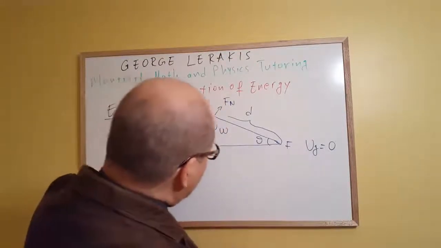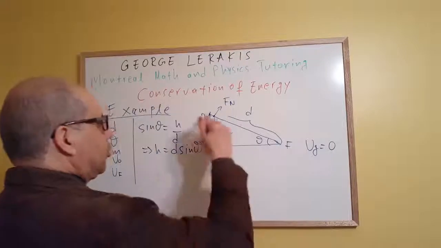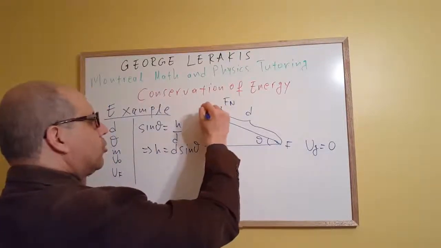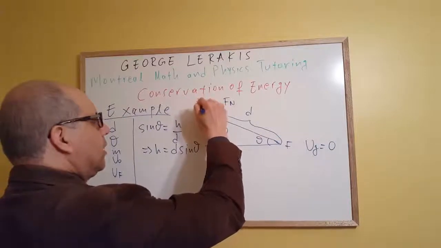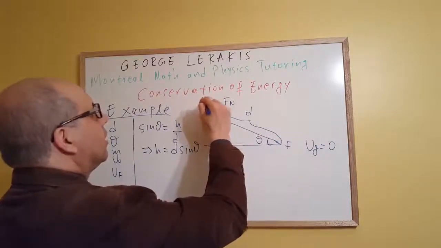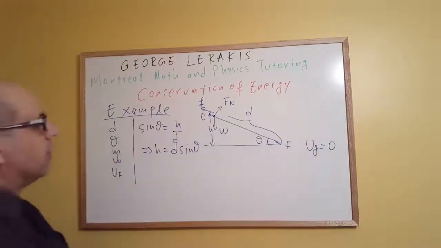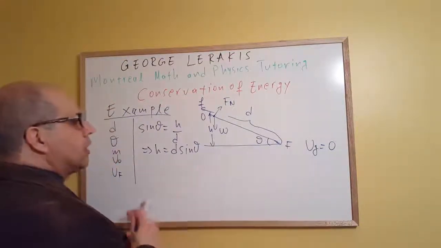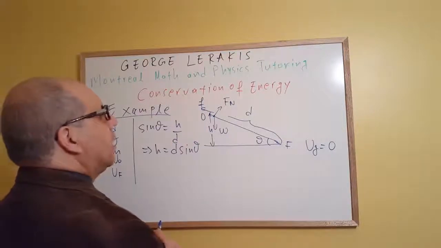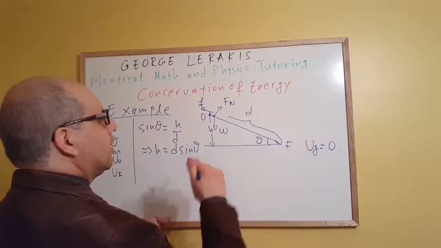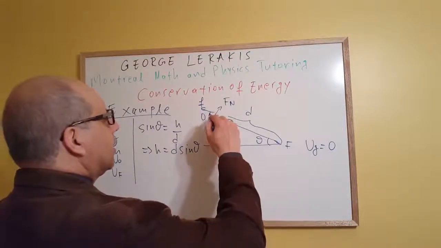Because the guy is going downwards, the force of friction is always in the opposite direction, so it will be here. So these are the three forces, and of course we just have to analyze them.